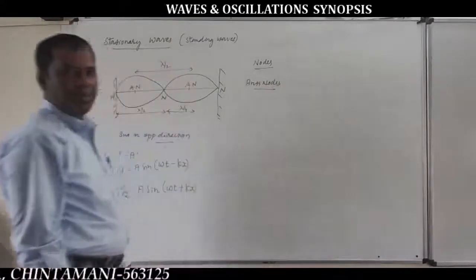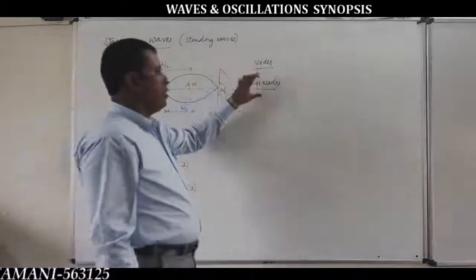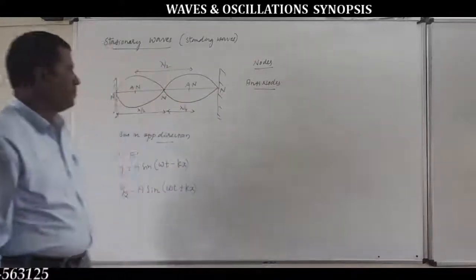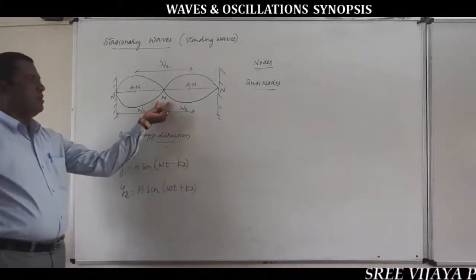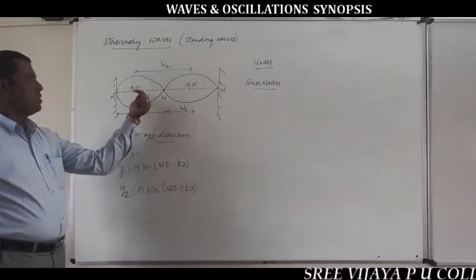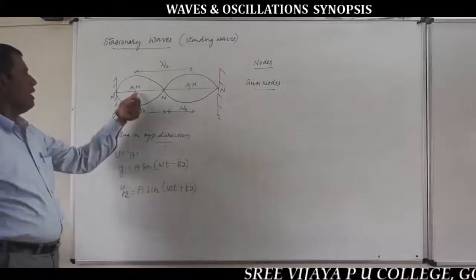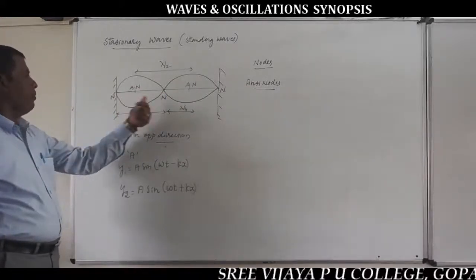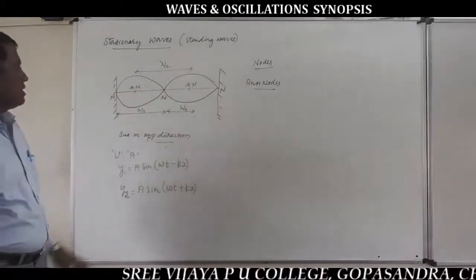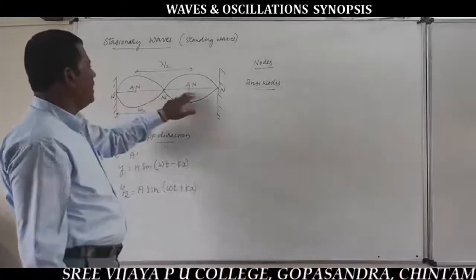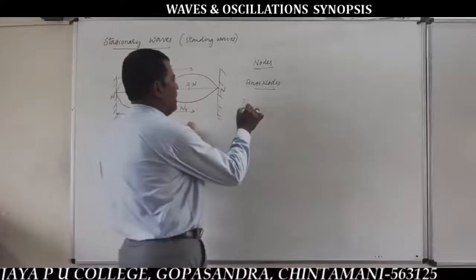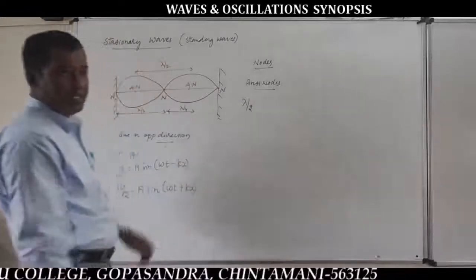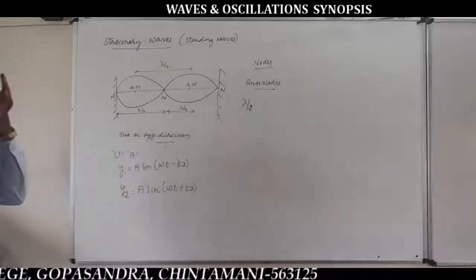In stationary waves, nodes and antinodes are equally spaced. A node is generated between two successive antinodes, or an antinode is generated between two successive nodes. The distance between two consecutive antinodes or two consecutive nodes is lambda by 2.